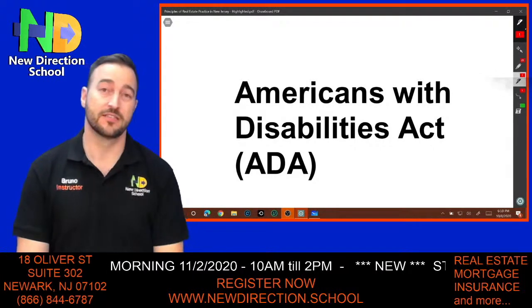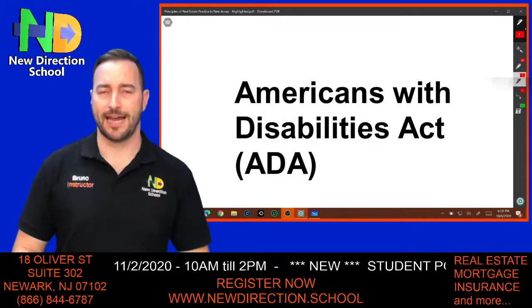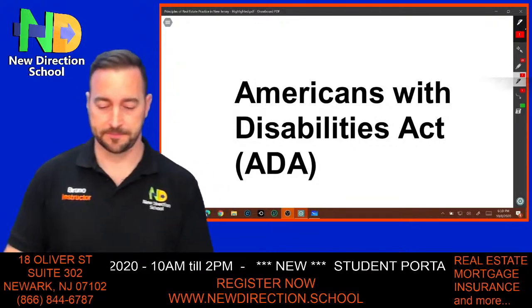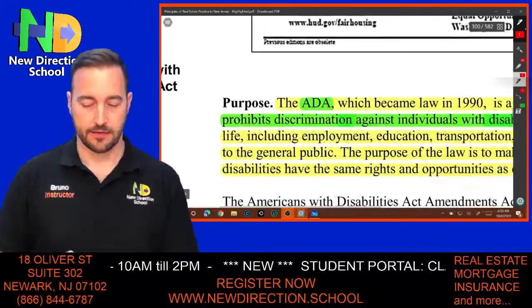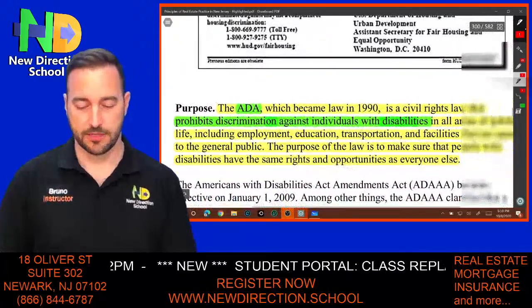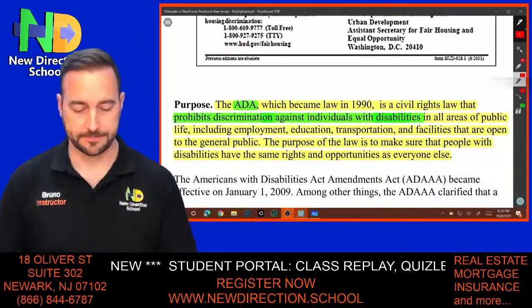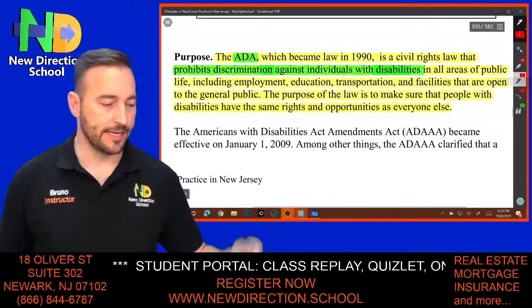So, does this apply everywhere? The answer is no, and this is what you need to pay attention to and remember when it comes to the ADA. The ADA prohibits discrimination against individuals with disabilities. That's simple, right? In all areas.